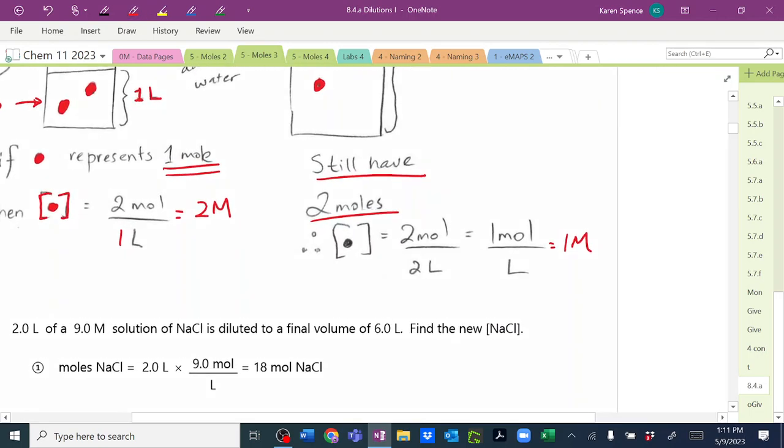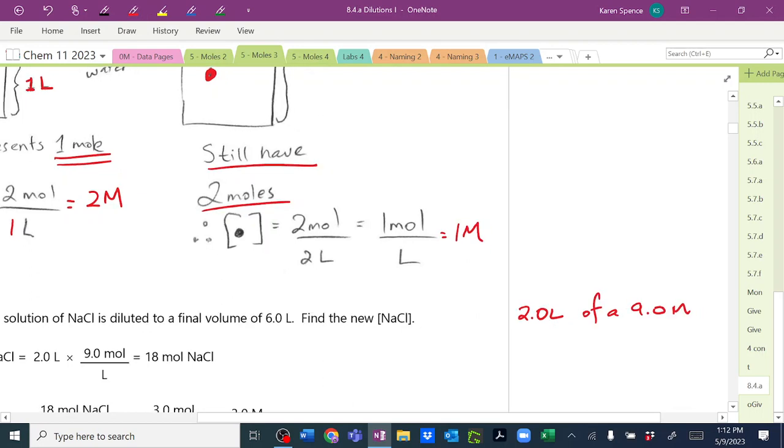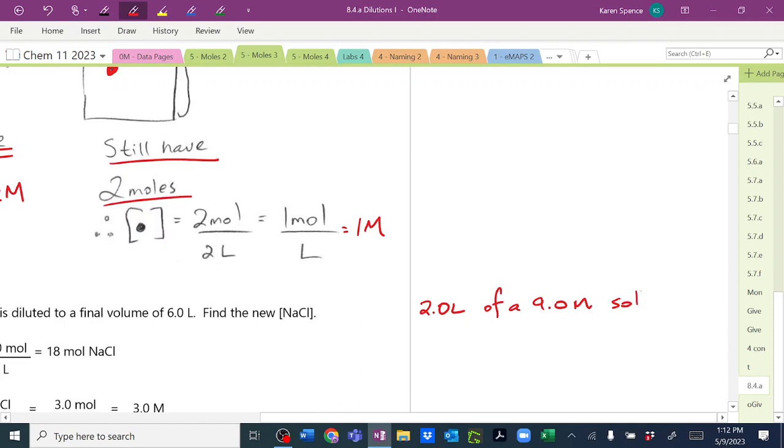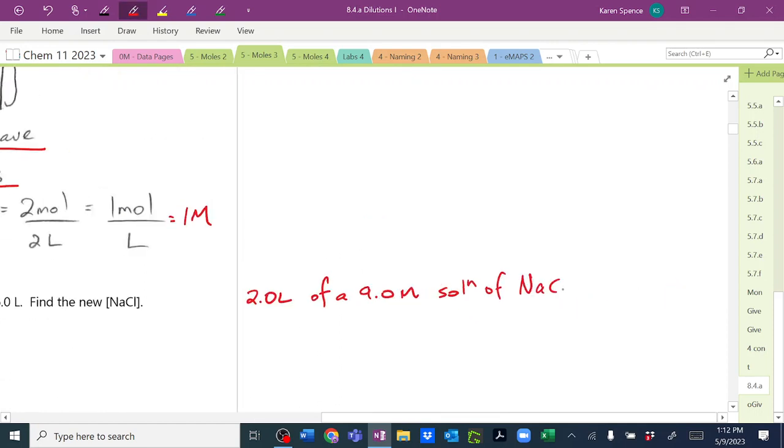All right, and now I'm going to copy out this question over here. We have 2.0 liters of a 9.0 molar solution of NaCl is diluted to a final volume of 6.0 liters.